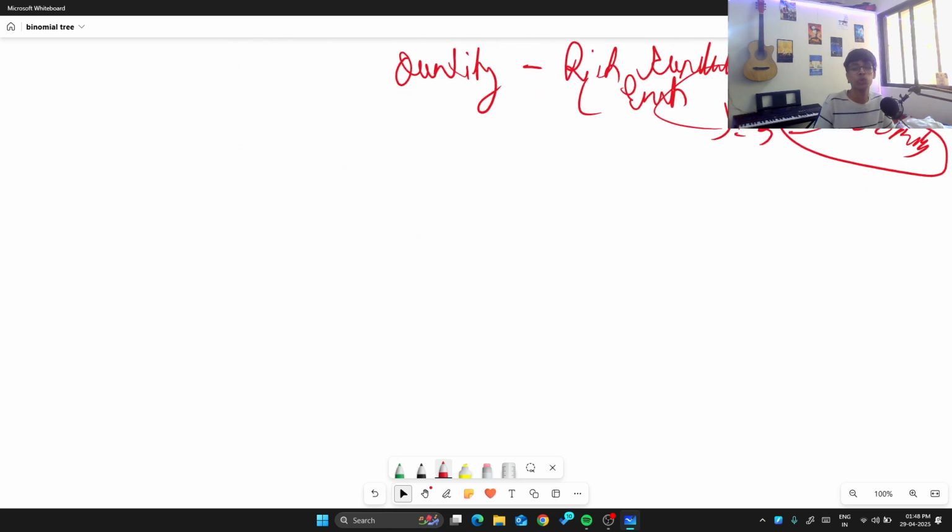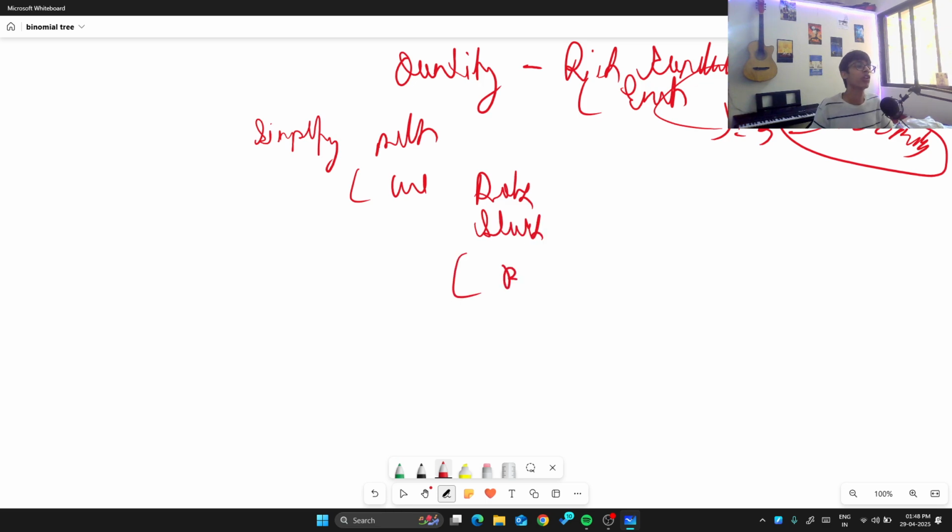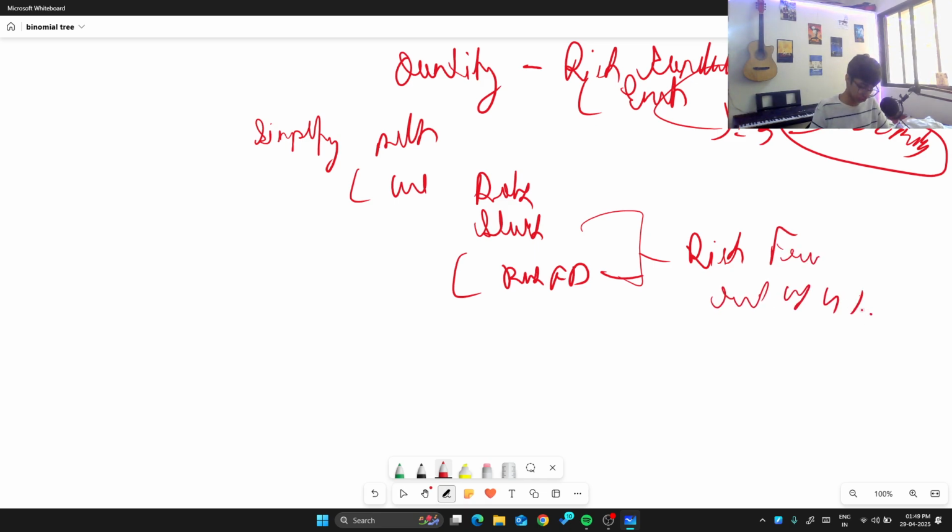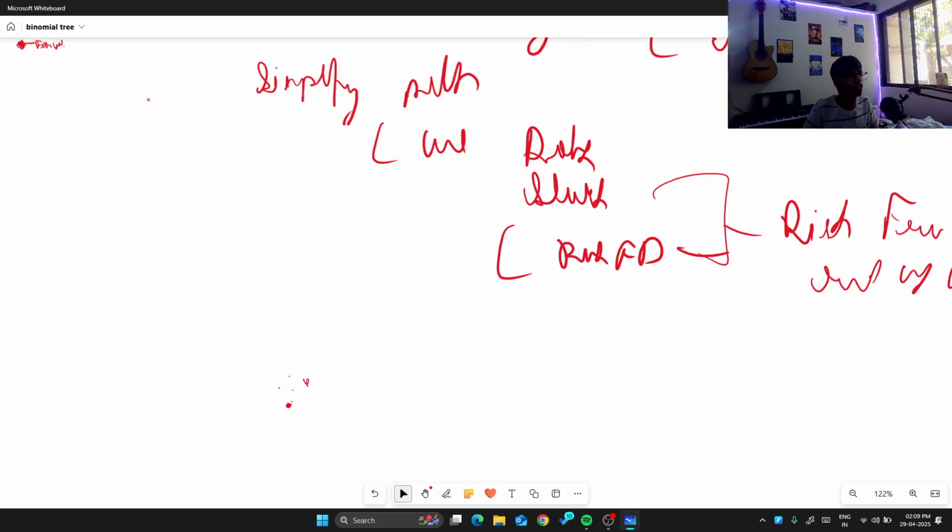So to simplify our maths, we say both the stock market and banks or FD give a return at the risk free rate, the same return of 4%, right? So in the risk neutral world, we generalize it.